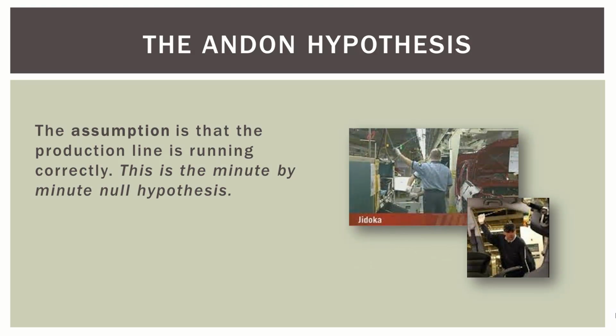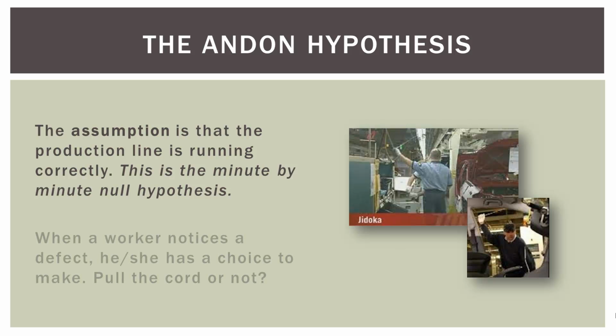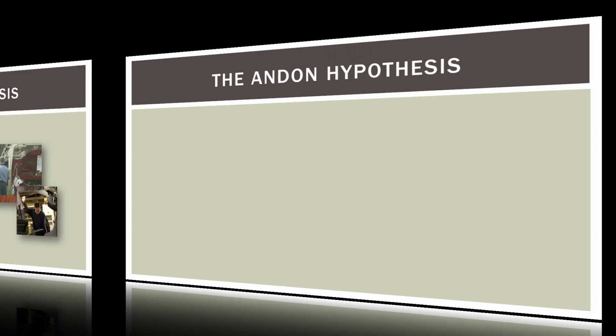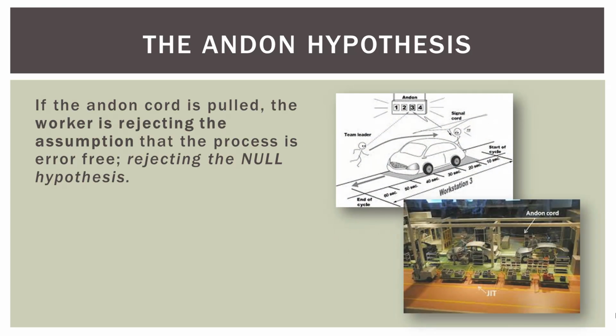Now the assumption is that the production line is running correctly. This is the minute-by-minute null hypothesis. So as things run, the assumption is everything is running smoothly, everything is running correctly. Now when a worker notices a defect, he or she has a choice to make. Should they pull the cord or not? If the andon cord is pulled, the worker is rejecting the assumption that the process is error-free.